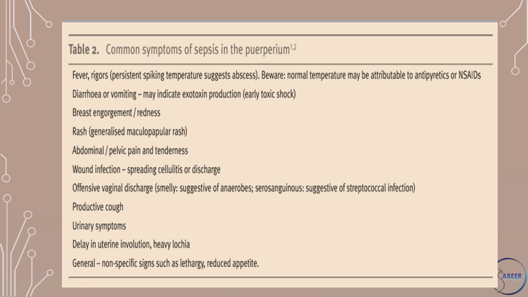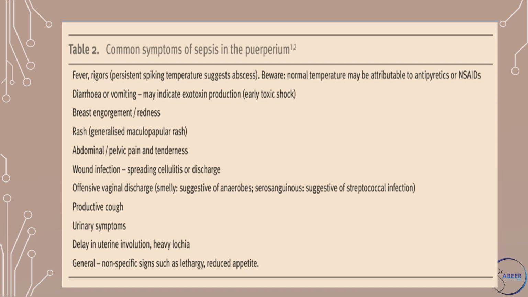Breast engorgement or redness, rash, generalized maculopapular rash, abdominal or pelvic pain and tenderness, wound infection, spreading cellulitis or discharge, offensive vaginal discharge, smelly, suggestive of anaerobes, and serosanguinous, suggestive of streptococcal infection.